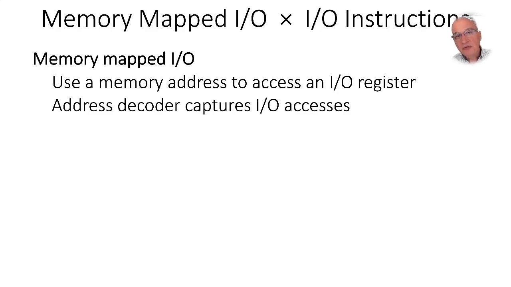From the point of view of the assembly program, it's not different than accessing memory. I do a load from a specific address that has been predefined to be a memory mapped I/O device, and that load, which looks like just a regular load, will actually be bringing data from an input-output device.